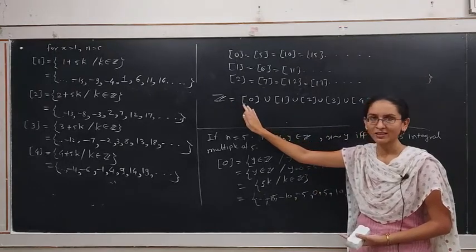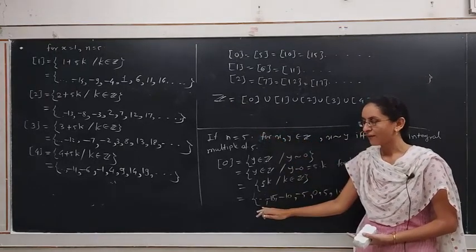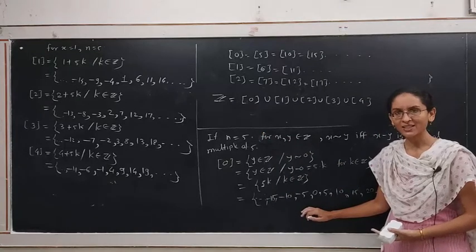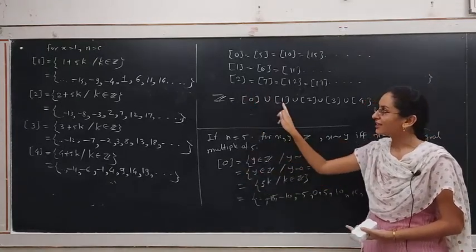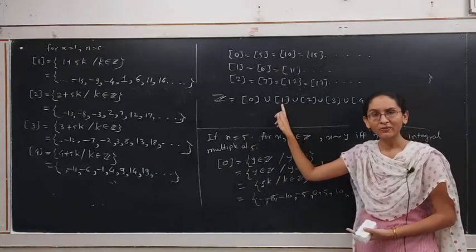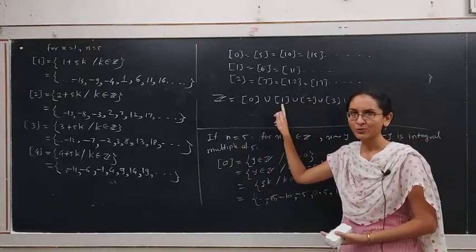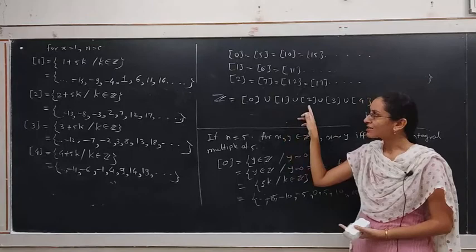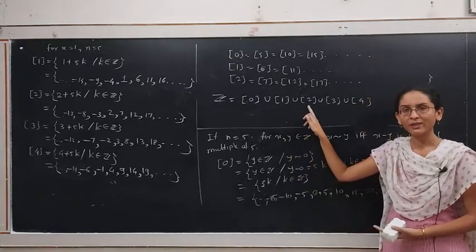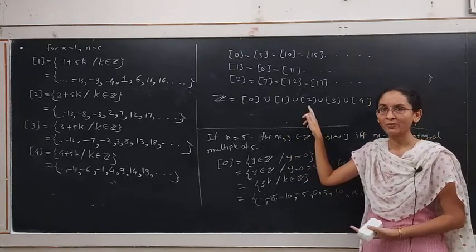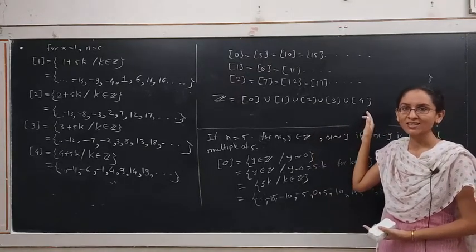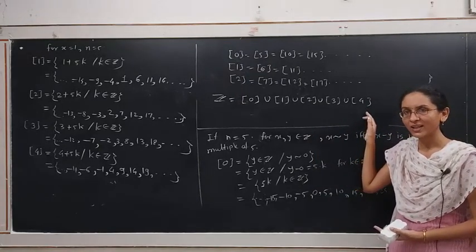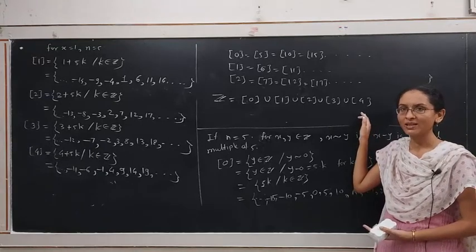The first subset contains all the integers which, when divided by 5, leave remainder 0. The second set contains all those integers which, when divided by 5, leave remainder 1. Third set contains all the integers which leave remainder 2. Similarly, the last set contains all integers which leave remainder 4.